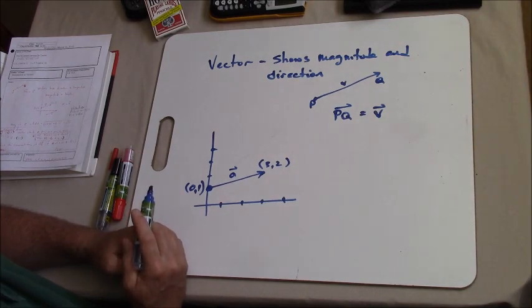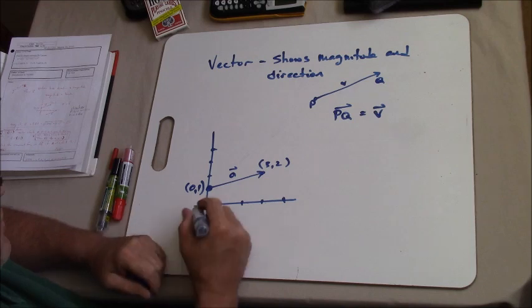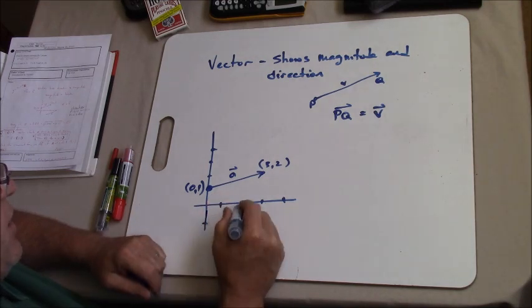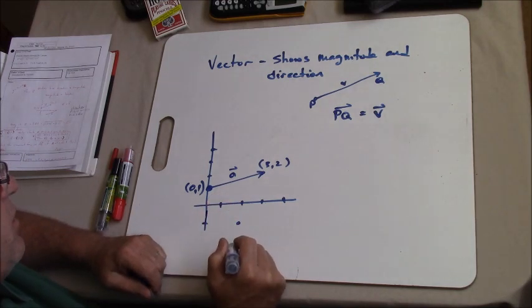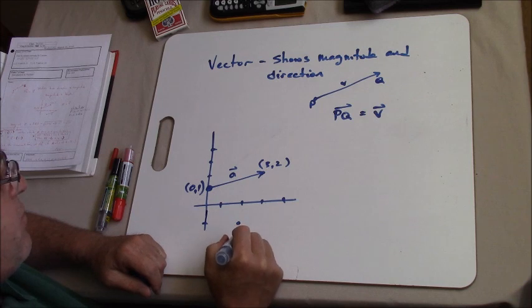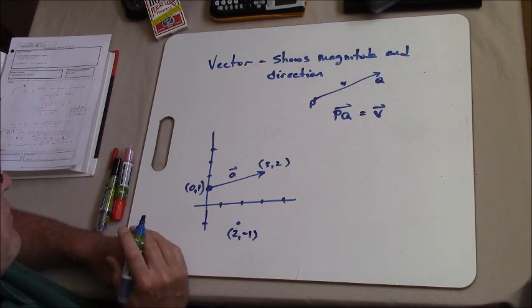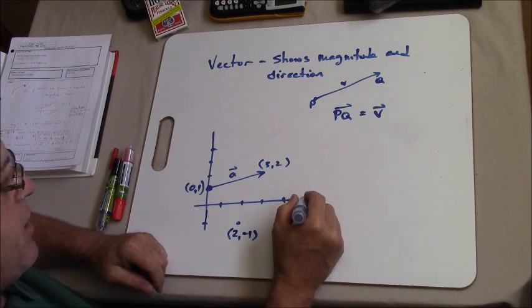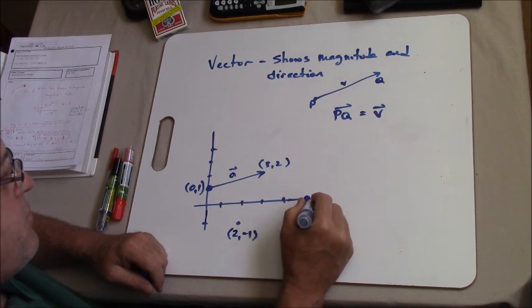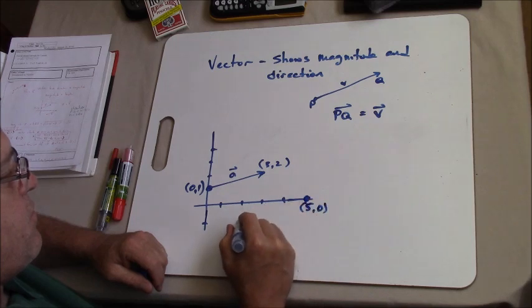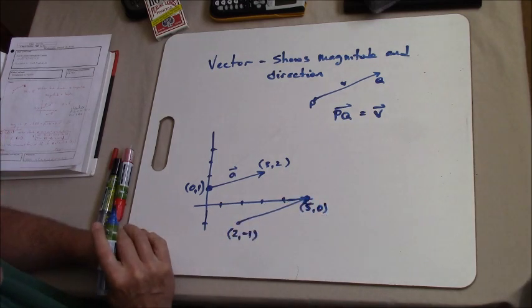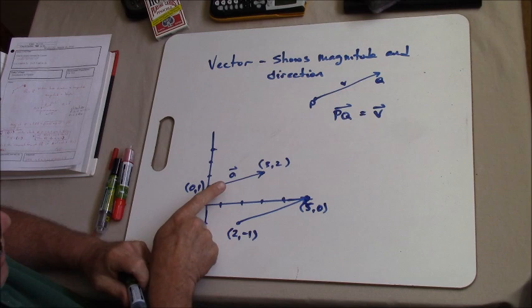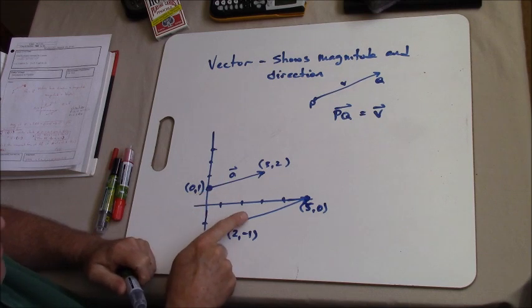Now let's say I have another vector that starts down here at (2, -1). That vector goes out here to (5, 0). Well, these two vectors are actually parallel to each other.